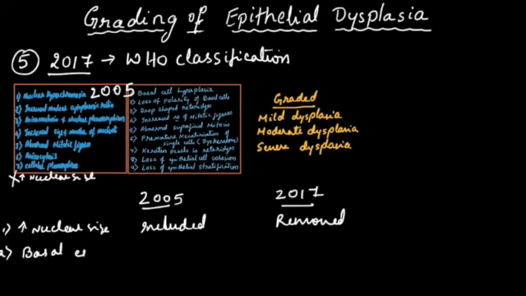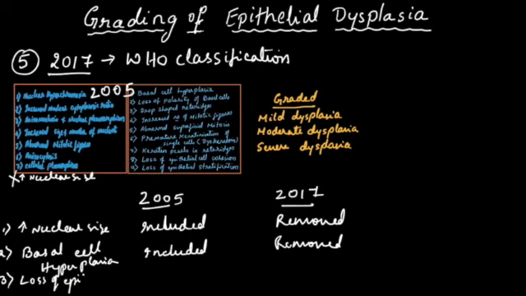The basal cell hyperplasia feature was included in the 2005 classification, which was removed in the 2017 classification, and loss of epithelial cohesion was a feature that was not there in 2005 and included in the 2017 classification. Instead of saying removed in 2005, this feature was not even considered in the 2005 classification.